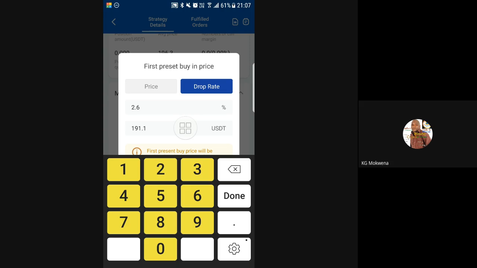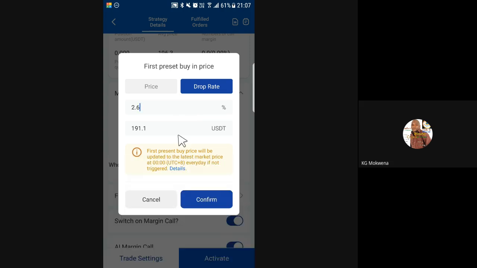It's even less, business partners. Can you see? Look at this, business partners. Less than a 3% drop, and our position for this particular coin is going to be taken. So as a trader, be patient. You have seen on the candlesticks that 191 is even below the low of today on that interval.